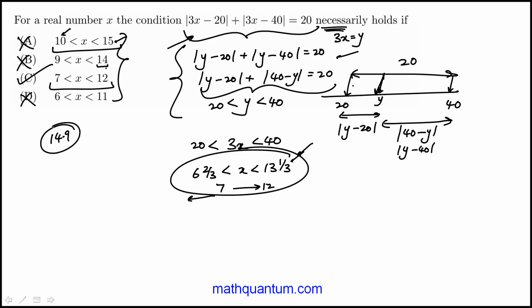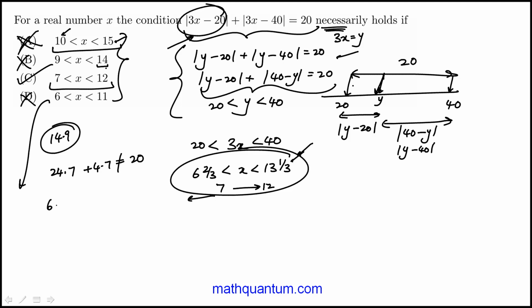And so if I were to do that, 3 times 14.9 minus 20, so that absolute value component, this first piece is 24.7. And the next one is 44.7 minus 40, which is 4.7. And you'll see these two do not add up to 20, and you can eliminate that.